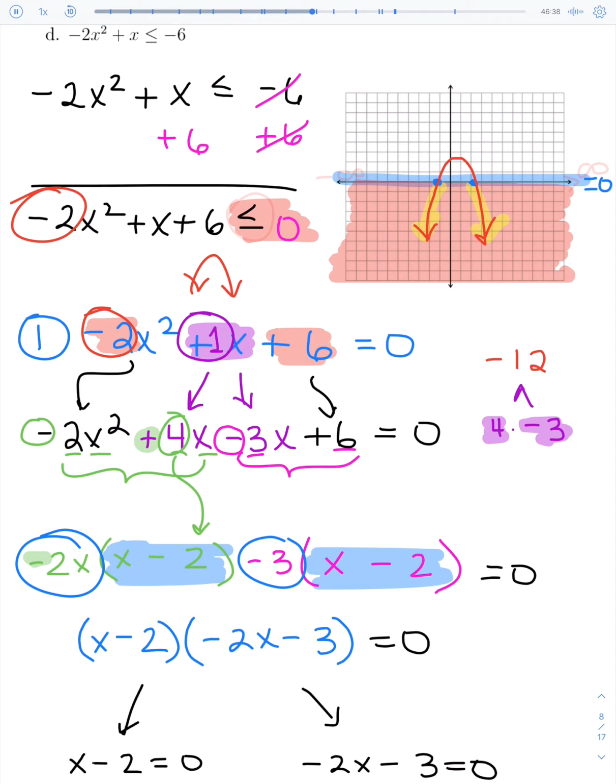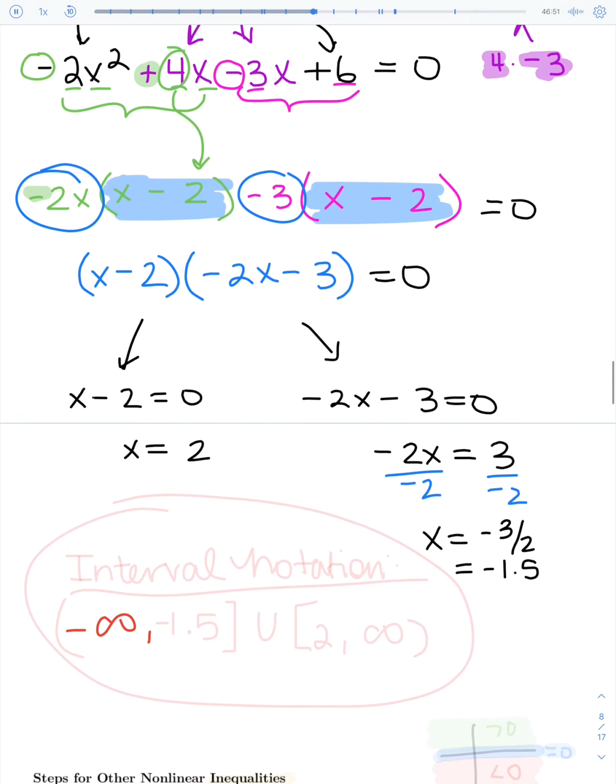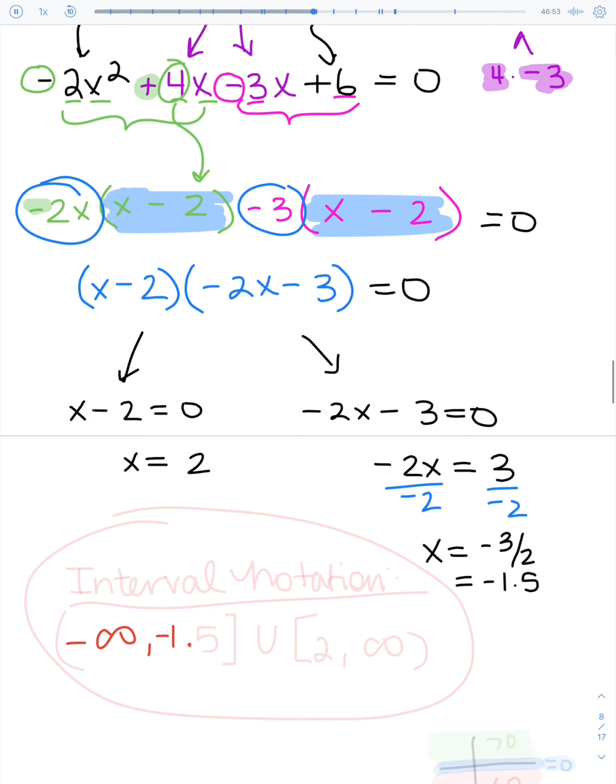Well, the first piece, working from left to right, goes from negative infinity to our first value. So that one will start at negative infinity and work up to the first value, which was negative 1.5. And the second piece starts at the second value, which was 2, and works its way all the way over to the right to positive infinity.